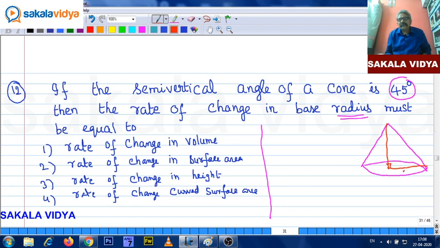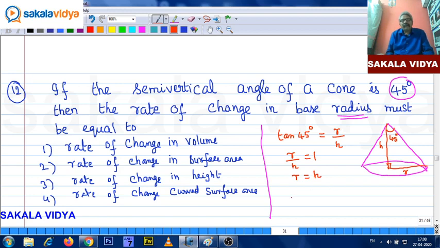Say base radius is r, height is h. The semi-vertical angle theta given, that is 45 degrees. Here you find out tan 45 in the triangle. Tan 45 is equal to r by h. So, r by h equals tan 45 is 1. That means now r is equal to h.